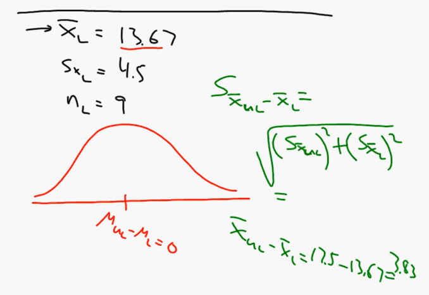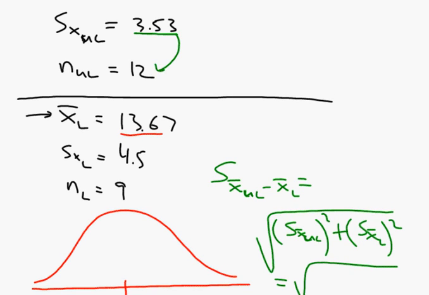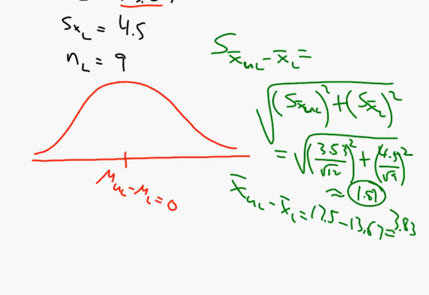Or in our case, it's going to be the square root of 3.53 divided by the square root of 12, squared, plus 4.5 over the square root of 9, squared. And that will turn out to be about, I'm getting about 1.81.